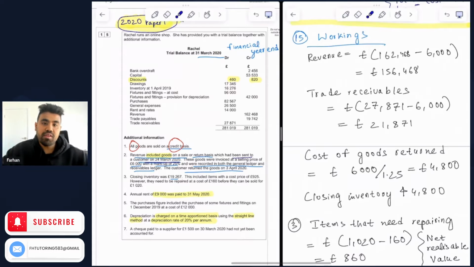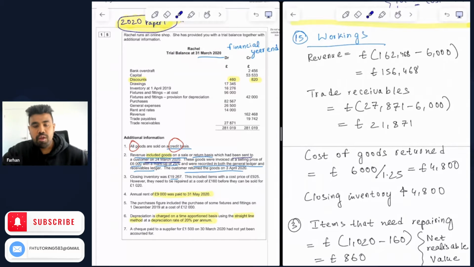So what's happening in this case is that we have made a sale on credit to a customer and the amount of the sale was £6,000. This sale took place before the end of the financial year, on 24 March 2020. Our financial year ends on 31 March 2020.